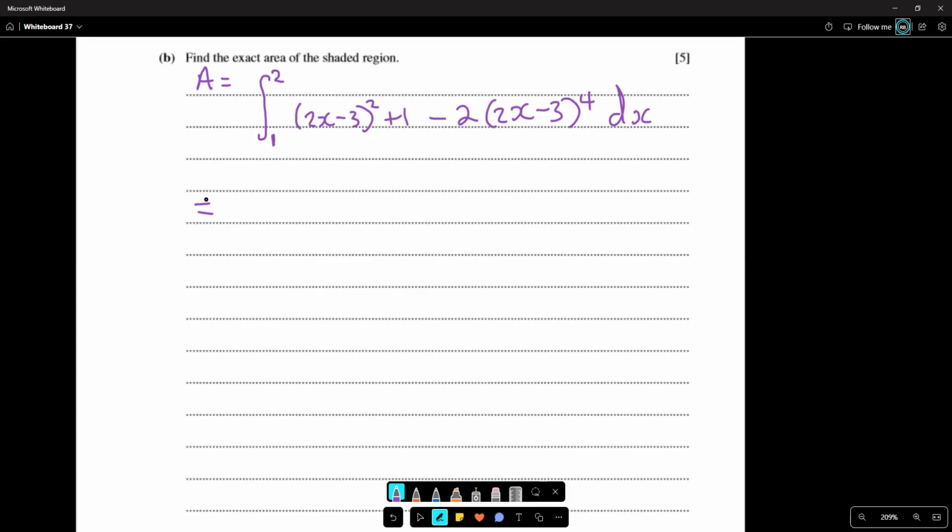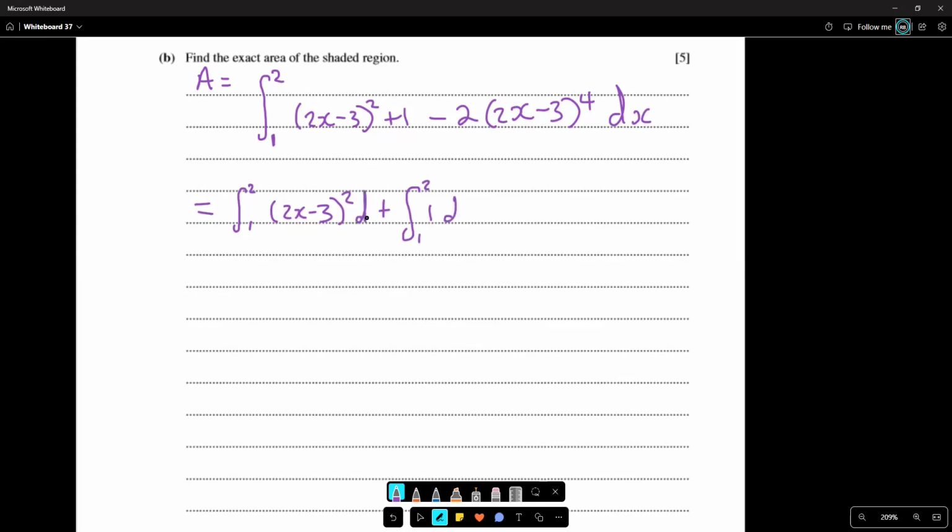So I'm going to do this like this. We're going to look for the integral between 2 and 1 of 2x minus 3 squared plus the integral of 1 from 1 to 2.